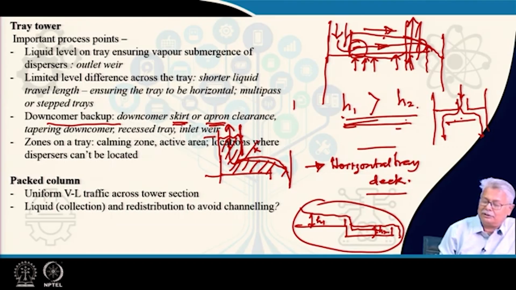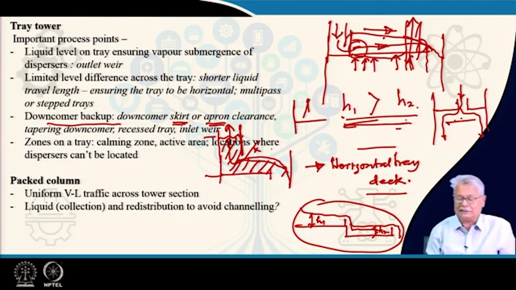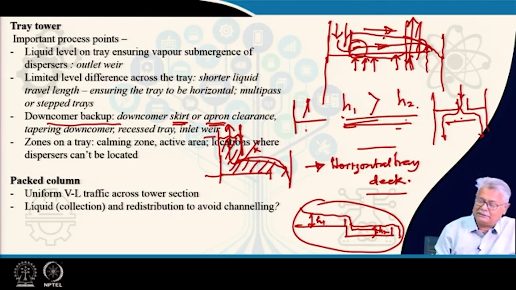For example, instead of a horizontal downcomer, you could have a tapered downcomer also. You can have stepped downcomers also. The other option is, if you have a downcomer with a very low liquid rate, possibly you could obstruct here with an inlet weir so that the liquid has to flow over this, and this obstruction increases the downcomer backup.